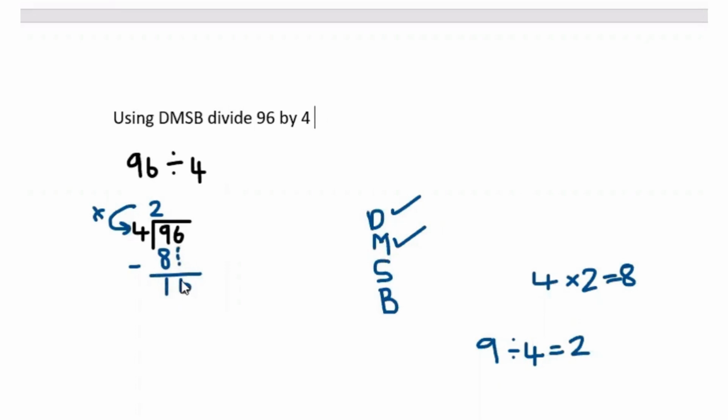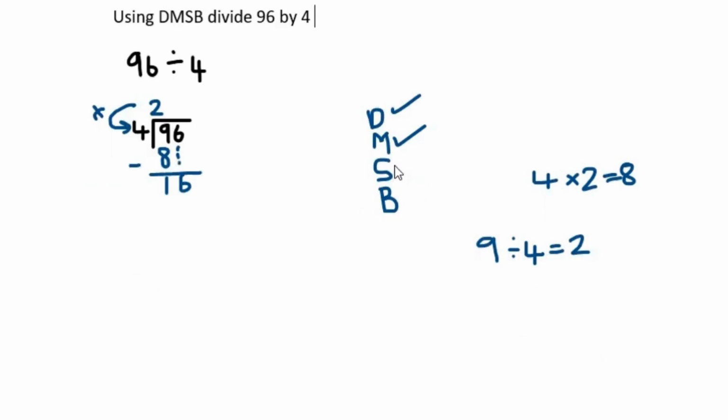6. Okay. So do you guys understand up until that point? Yes. Perfect. We brought down 6. So now what's the next thing that we do? So we've completed the subtraction, and then we brought down 6.